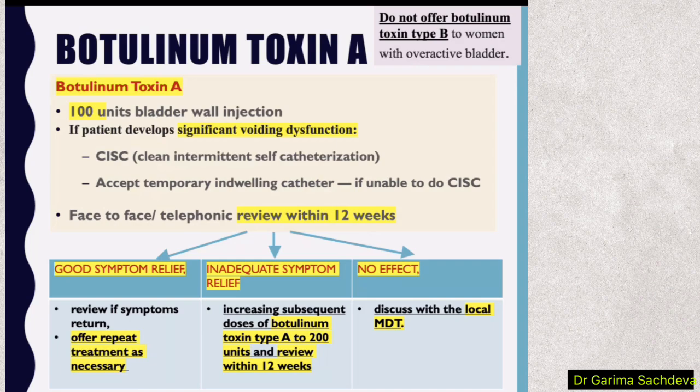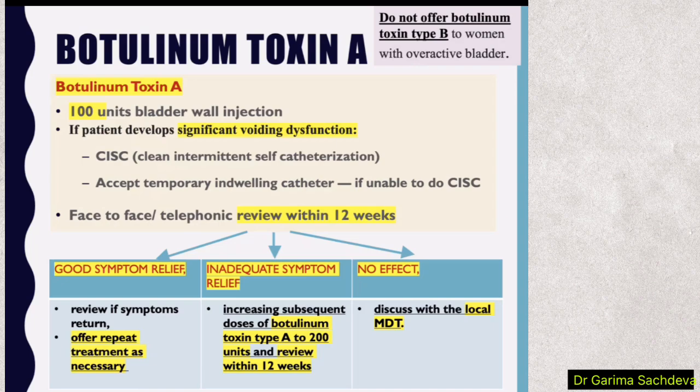The next dose can be given after 3 months if they are fine. After 3 months, you evaluate whether there is good symptom relief, inadequate symptom relief, or no effect.